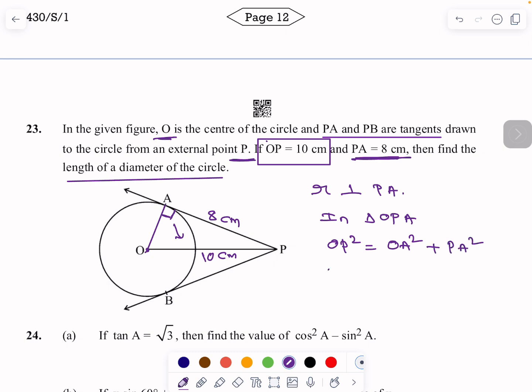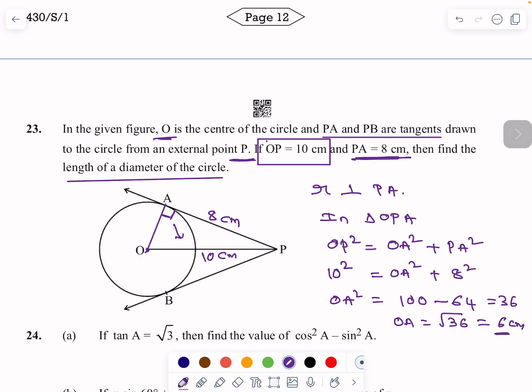OP square is 10 square, OA square we need to find, and PA square is 8 square. OA square is equal to 100 minus 64, which is 36. Then OA is equal to root over 36, which is 6 centimeter.